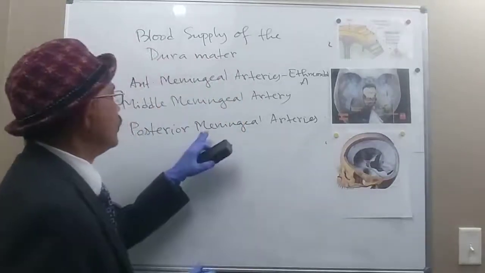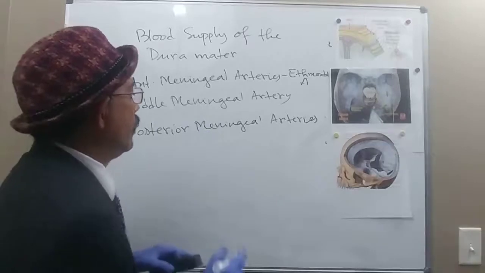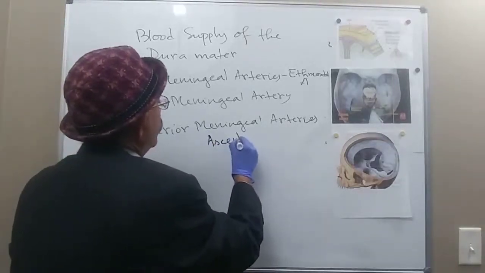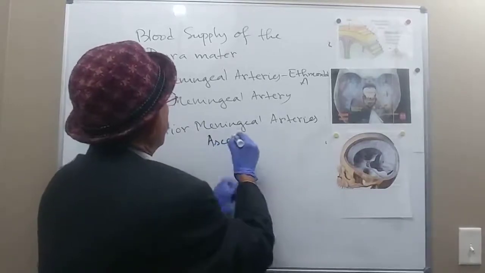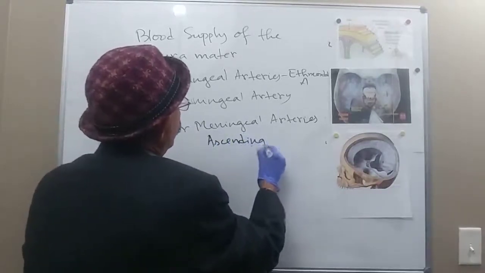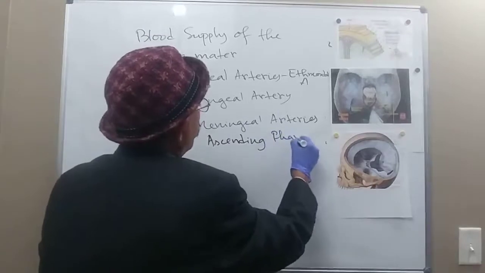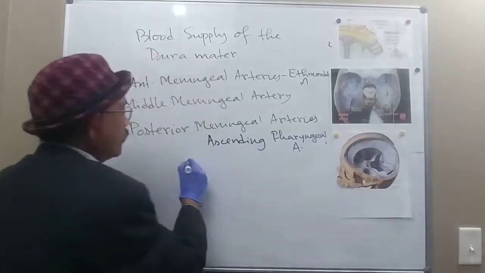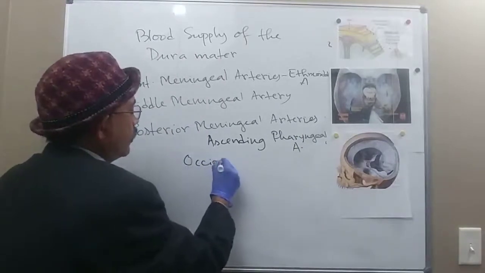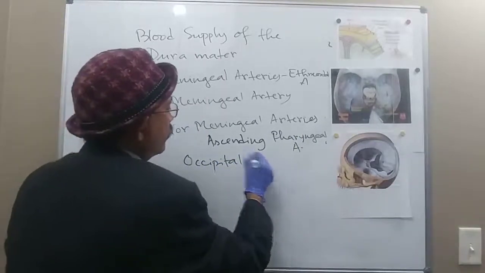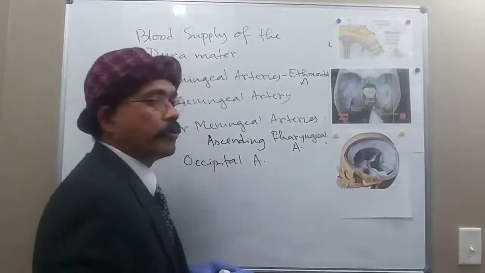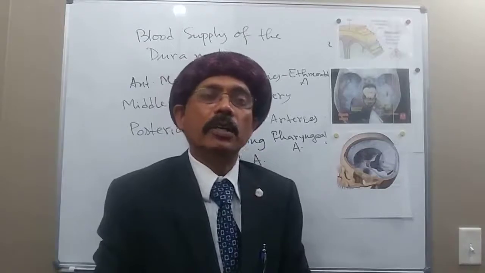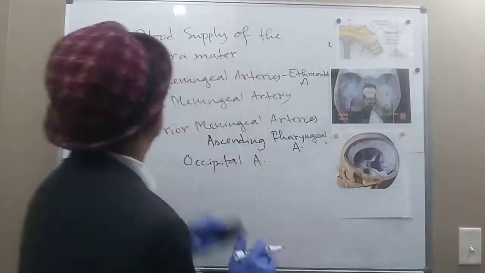So the posterior meningeal artery may be a branch of the occipital artery or the ascending pharyngeal artery. These are branches of the external carotid artery. Okay, we got that.